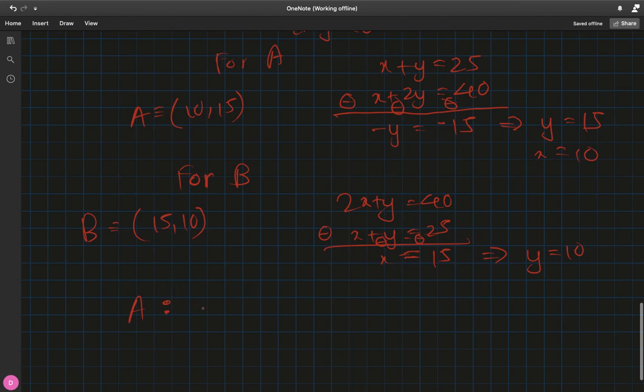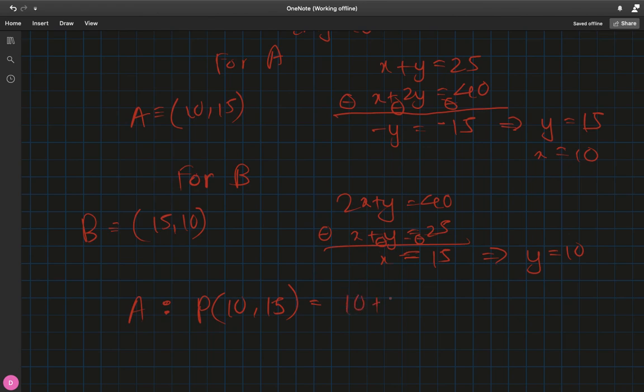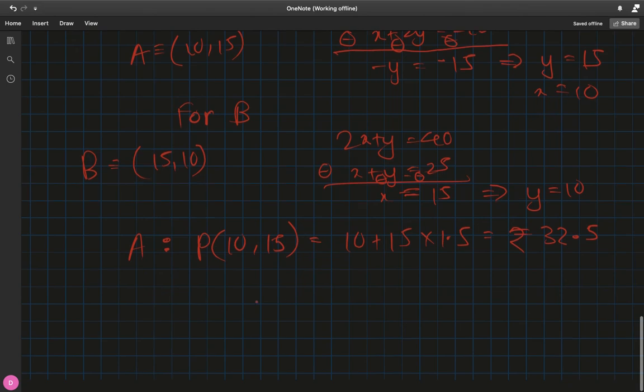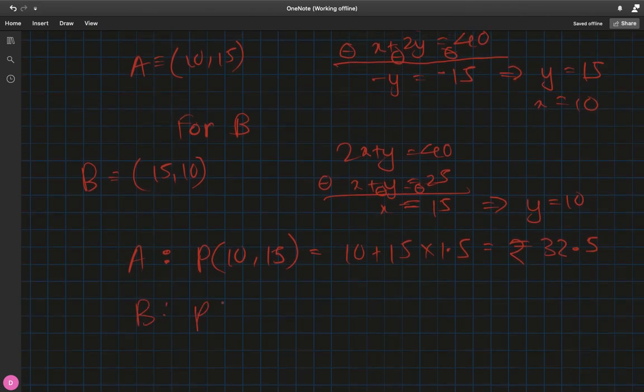So plugging in A into the profit function, you have profit of 10 comma 15. That will be 10 plus 15 times 1.5, which turns out to be rupees 32.5. And when you plug in B, you have profit of 15 comma 10, which turns out to be 15 plus 10 times 1.5, which is rupees 30 precisely.